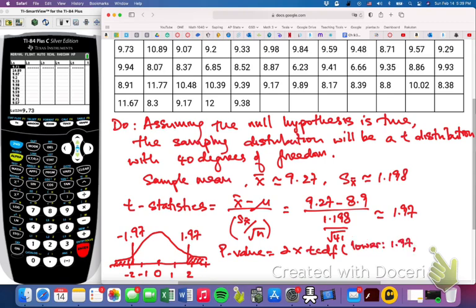It has the lower bound, 1.97, the upper bound, 99999, and next the degrees of freedom. You need to state the degrees of freedom. In this case it is 40, since 41 minus 1 is 40. The one-tail area is approximately 0.056.